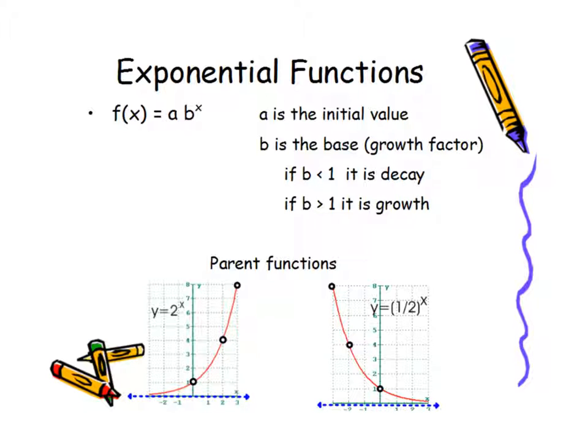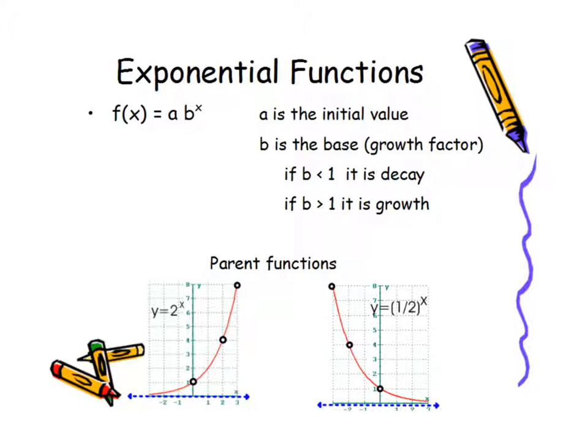If you look at these graphs right here, x is 0. If you were to put 0 in for your exponent, for your x, well, anything to the 0 power would be a 1. That's why your y-intercept or your initial value when x is 0 is 1. Happens over here also. If you take 1/2 to the 0 power, you're still going to get 1.